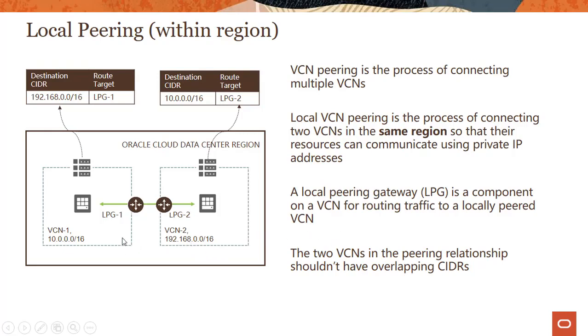It doesn't mean that VCN1 can be paired with VCN3 by transiting through VCN2. That's transitive routing, and it's not supported. So if you have three VCNs, 1, 2, and 3, where 1 and 2 are paired and 2 and 3 are paired, and you want to pair 1 to 3, you have to create an explicit peering connection between 1 and 3. Transitive is not supported.